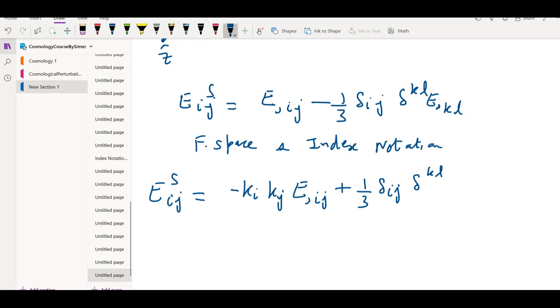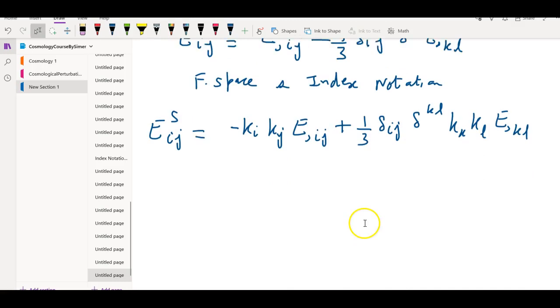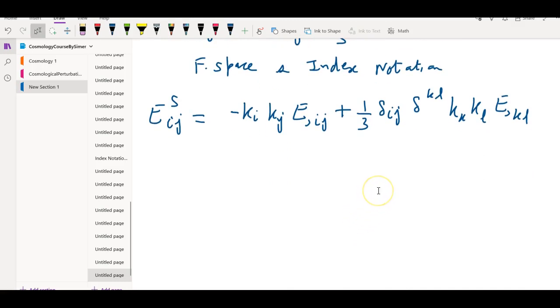This will make it plus, and then k_k will come, and then k_l will come, and then we'll have E_KL.